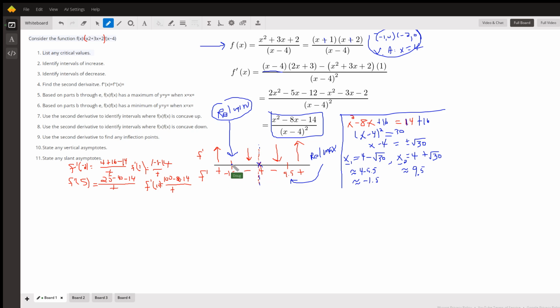But then here are the critical numbers, about -1.5 and about 9.5, and over here I've done some scrap work to pick test numbers in each interval. So for example, f prime of -2, I've proved to myself is a positive number. The denominator, by the way, of f prime is always positive because of this exponent of 2.